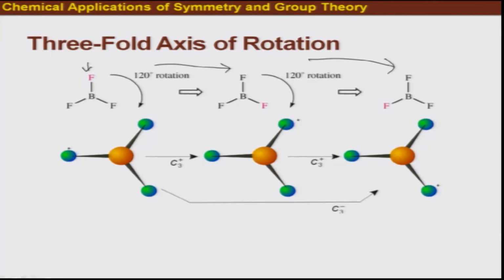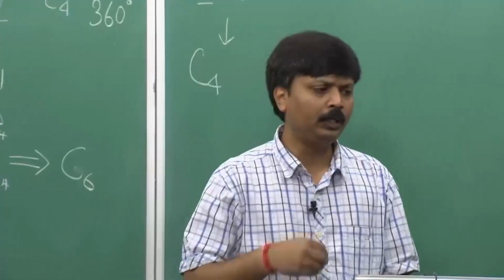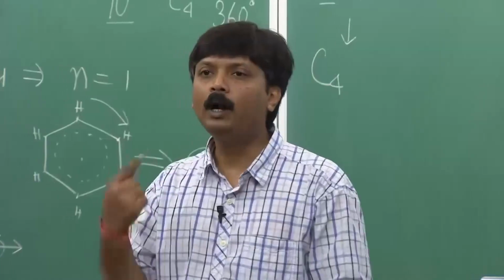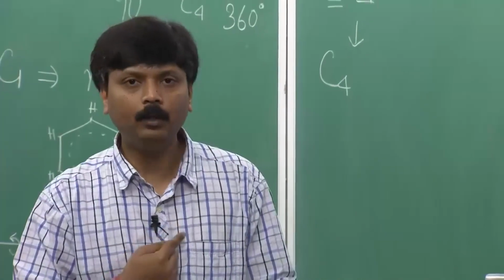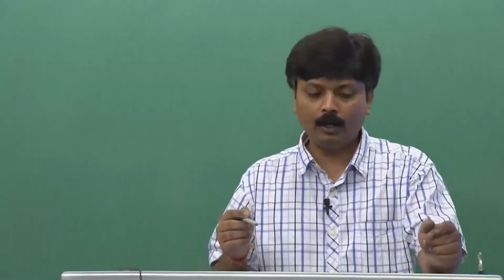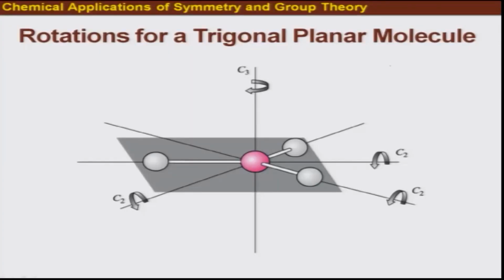Now we have been talking about only one particular axis about which I can have a proper axis of rotation. It's not necessary that in a particular molecule we have only one type of axis of rotation. Here is one example of a trigonal planar molecule, say boron trifluoride.